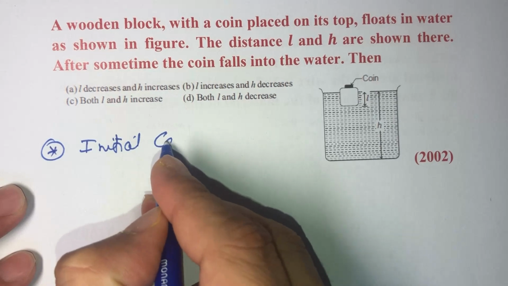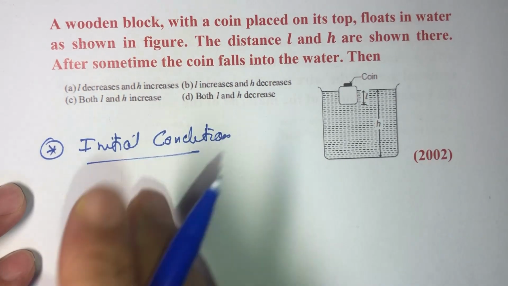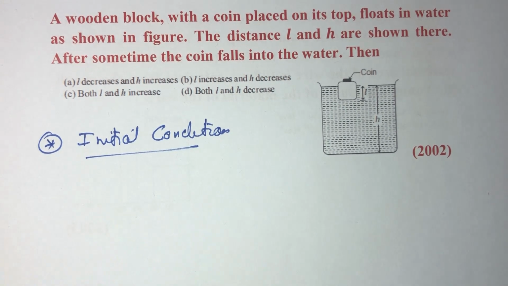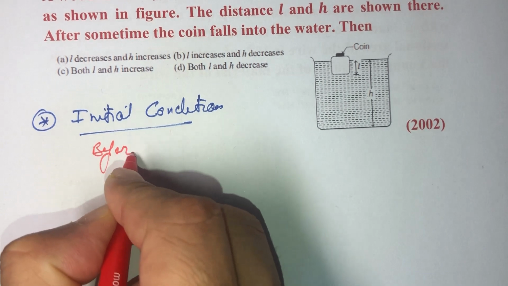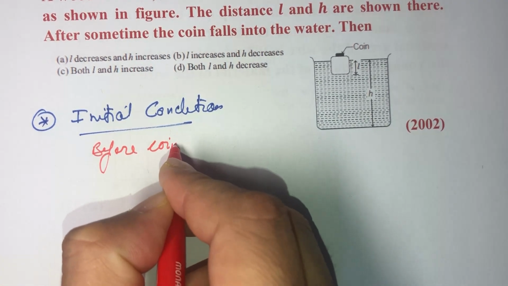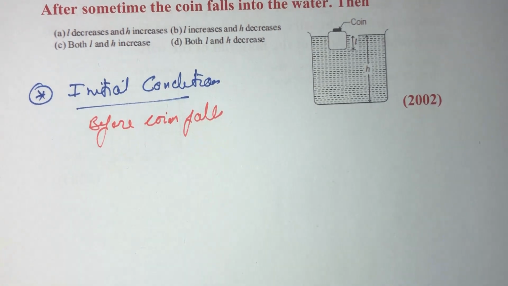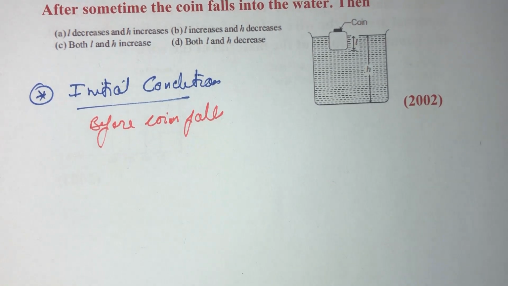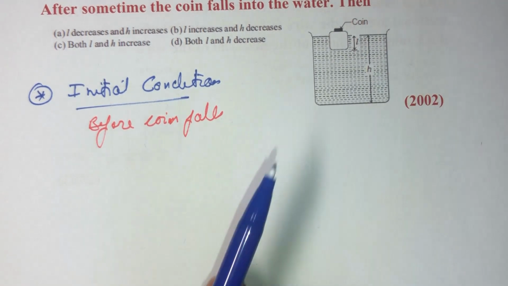Initial condition, before the coin falls. In this case the coin and block will be acting as one system.